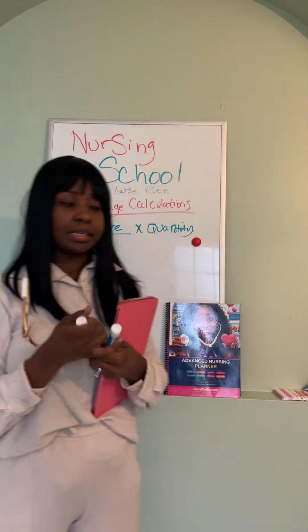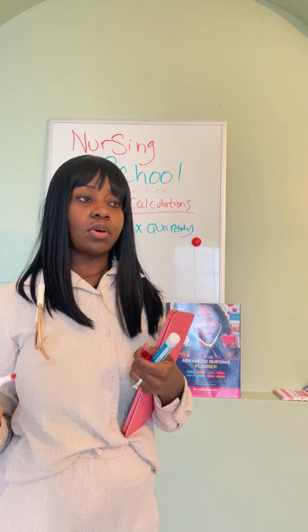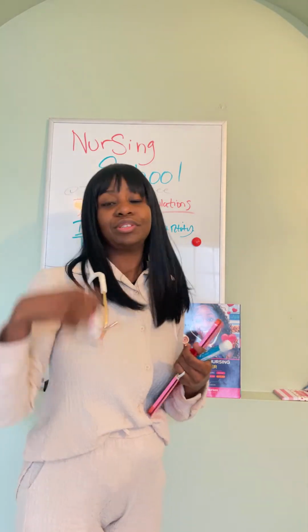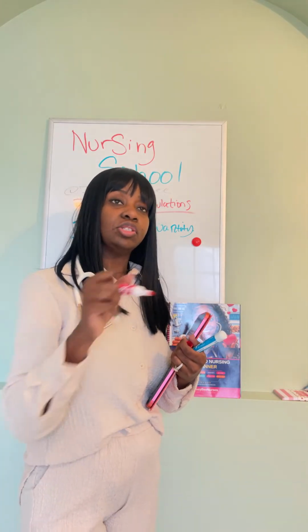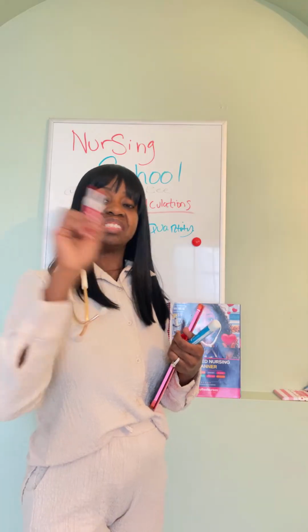So, what is the desired? The desired is what the doctor wants. He's not going to tell you directly, unless it's a verbal order. It's going to be in the MAR, but we're just going to practice. The doctor says, I want you to give patient John Doe in room 64 500 milligrams of Tylenol.